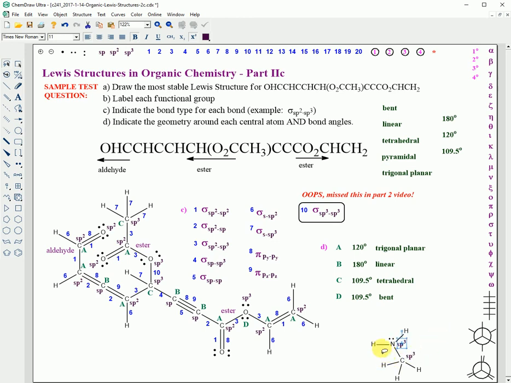Nitrogen has 3 sigma bonds and 1 lone pair, that is 4 things. Carbon has 4 sigma bonds, no lone pairs. We have another sigma sp3, sp3. If we had to label it on this molecule, we would do this. We have a sigma s-sp3 for all hydrogens.